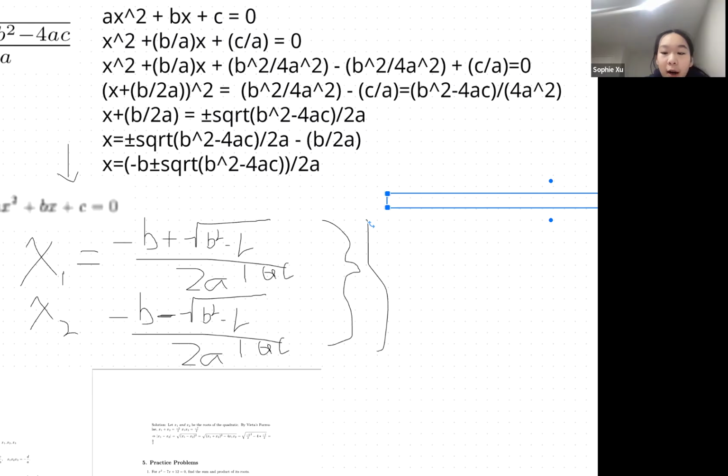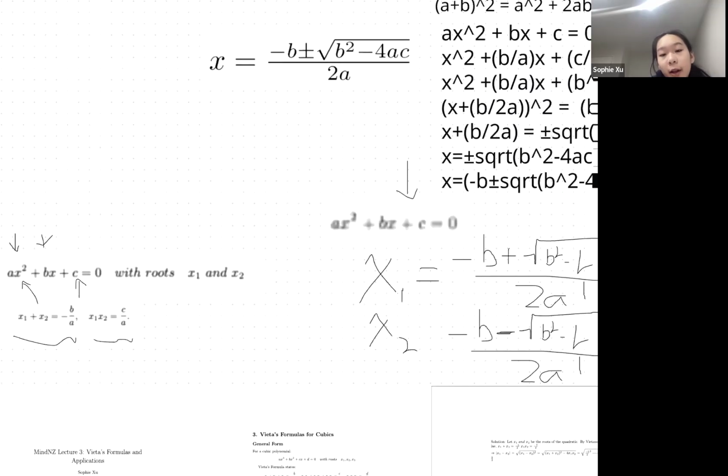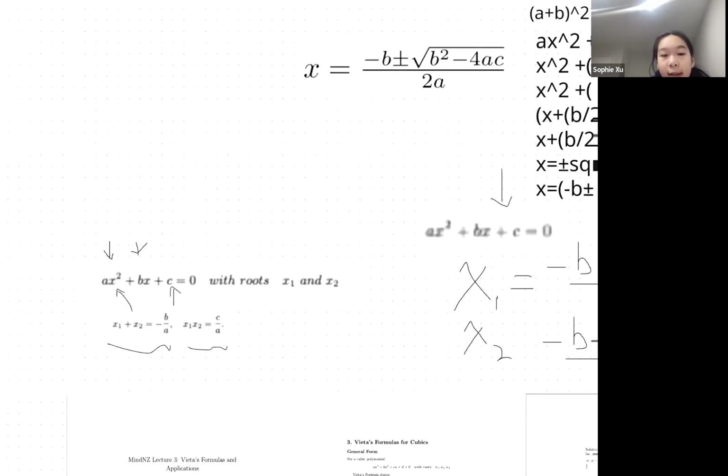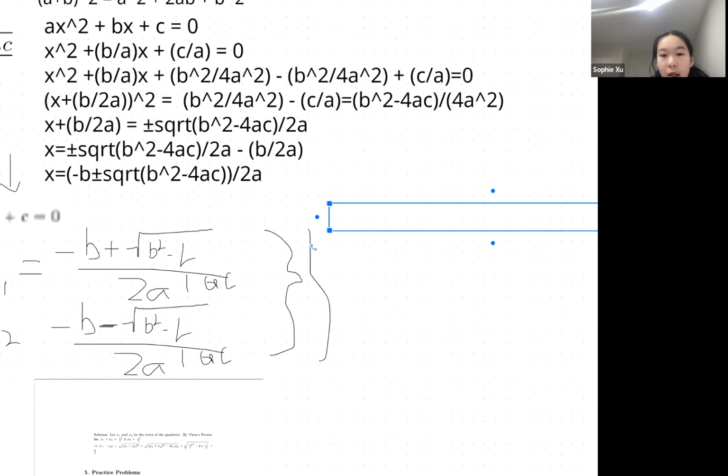And then this simplifies to negative b over a, which is exactly what it says in the formula. And then, okay, now we do the product, x1 times x2.